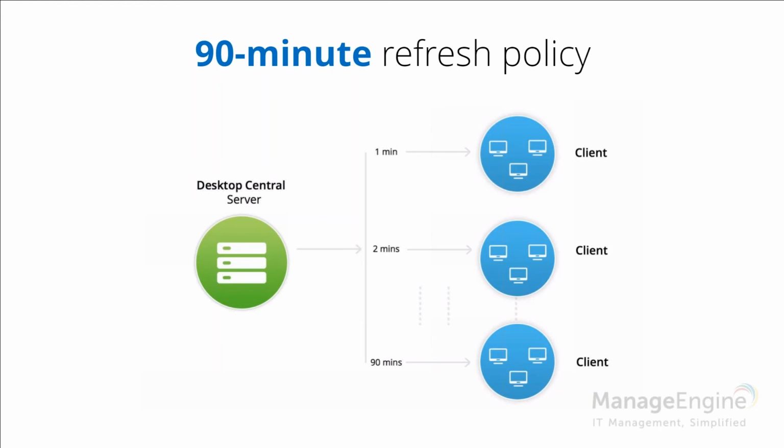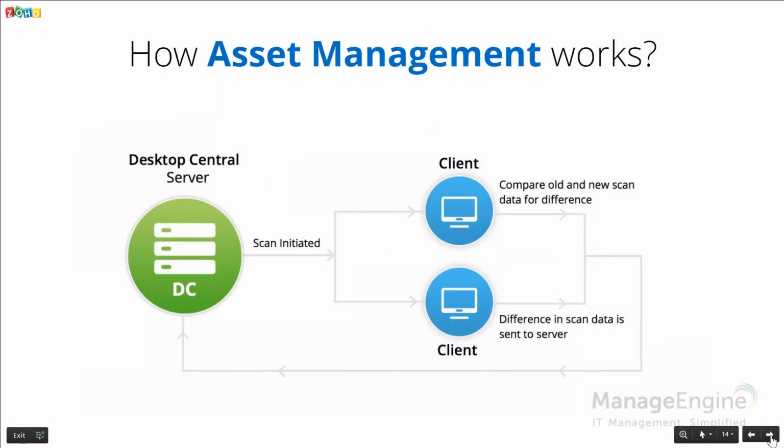Number one, the network is not choked by agent communication, meaning the bandwidth is not disturbed by agent-server communication. Number two, the performance of the server is not affected at any time. The server has the intelligence to ensure systematic, streamlined communication from all agents at regular intervals.